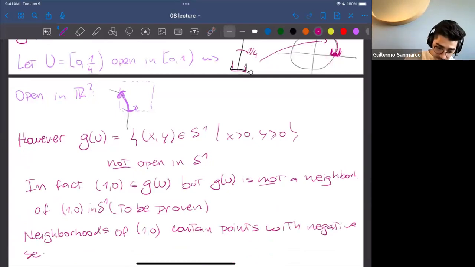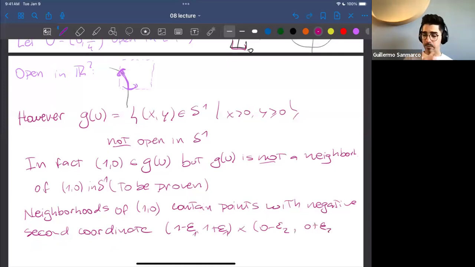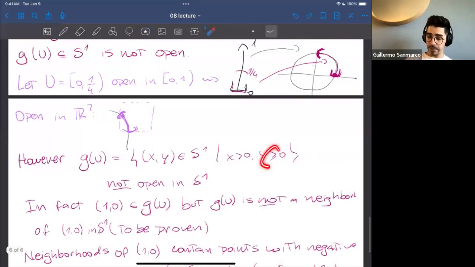They always contain something like the interval from 1 minus epsilon 1 to 1 plus epsilon 1 times 0 minus epsilon 2 to 0 plus epsilon 2. So you're always going to have something with negative values of y, and that's not the case in g of U.